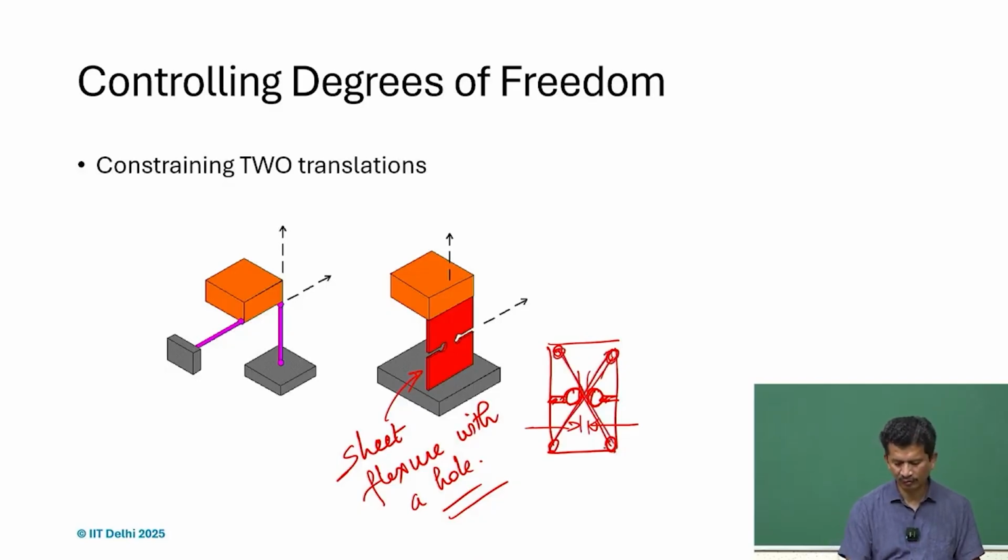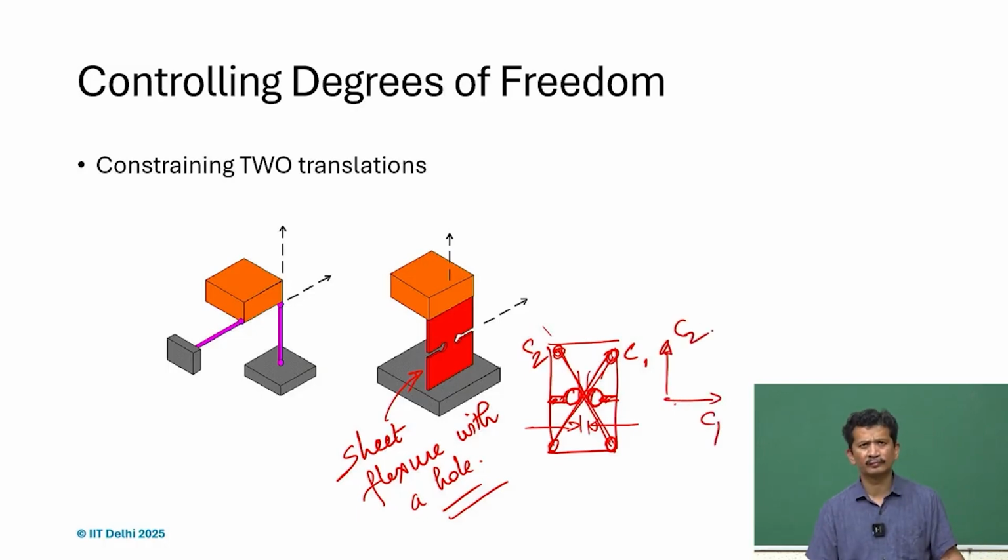connected in this way. So, we can have C1 and C2, and if it is like that, then we can also say that this can provide C1 and C2 constraints in that plane.